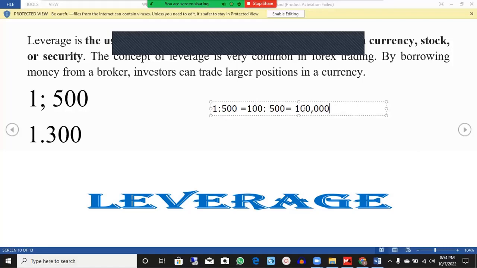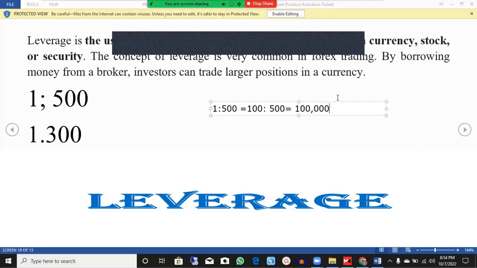Because of this leverage, you can see that it is easier for you to open 0.01, which is equal to 1,000, and you will not have any problem because the broker borrowed you 100,000. It is easier for you to open 0.1, which is equal to 10,000, because the broker gave you 100,000. You can even open that one lot size and nothing will happen because the broker borrowed you 100,000.